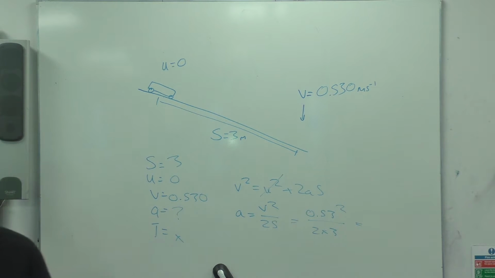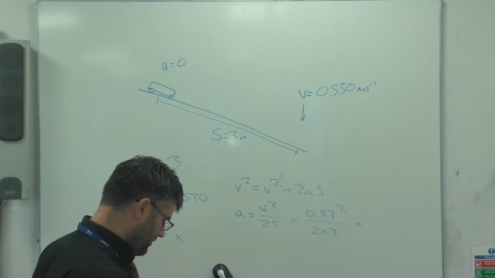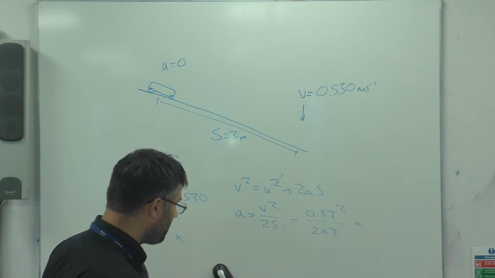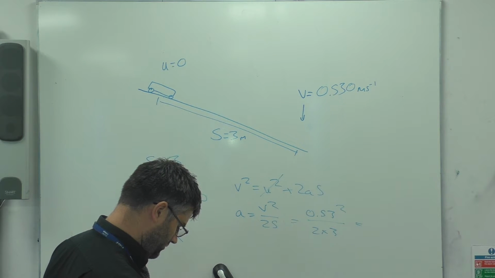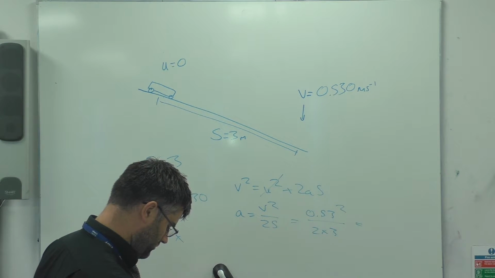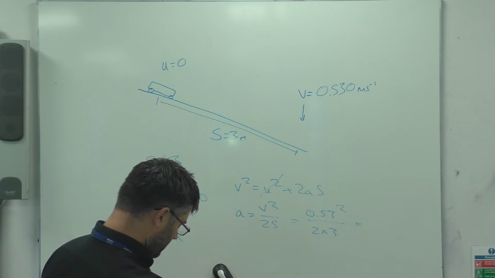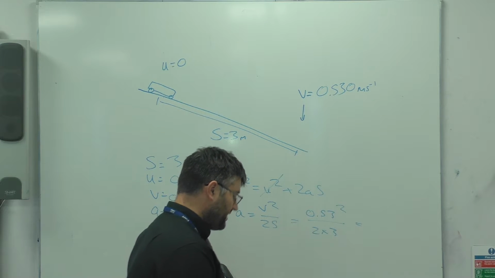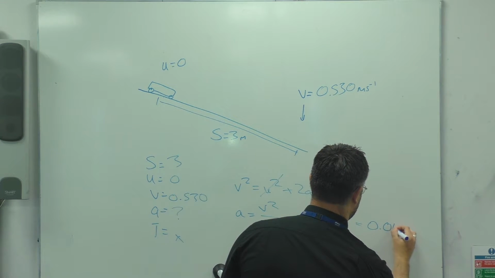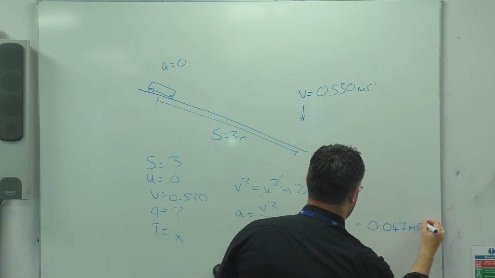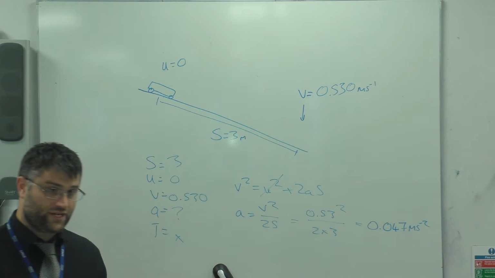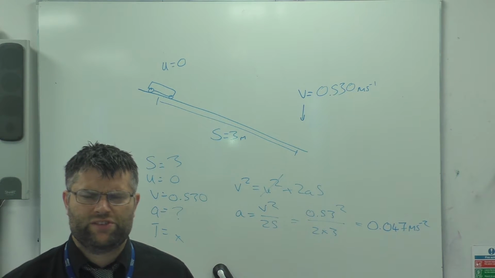And if we work that out, it is 0.047. So you might be thinking, well, he hasn't done any uncertainty yet.